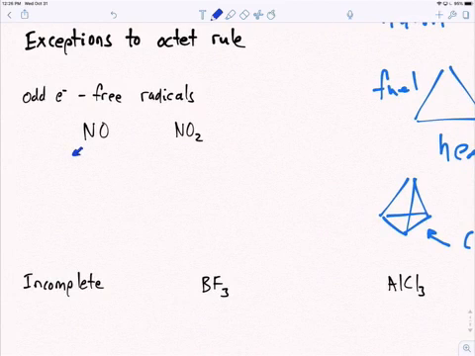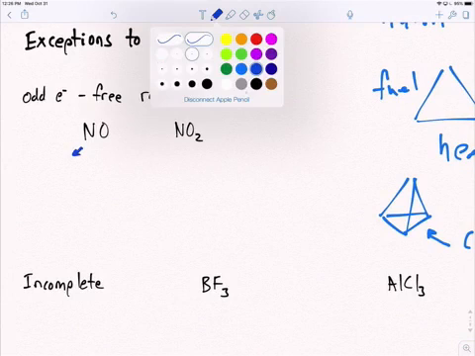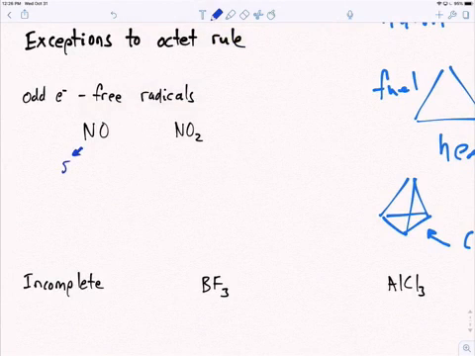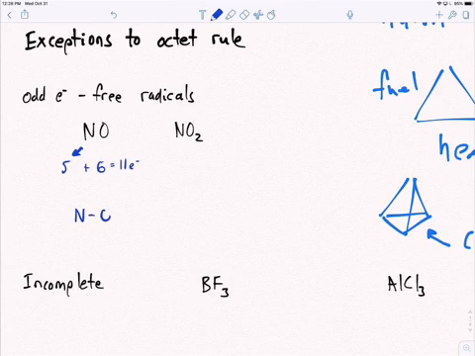So for this one here, I'm just going to make my pen smaller. Nitrogen is going to have 5 electrons and then 6 electrons from the oxygen, so we have 11 electrons to place. So we have nitrogen attached to oxygen. This one's skeletal structure is easy.